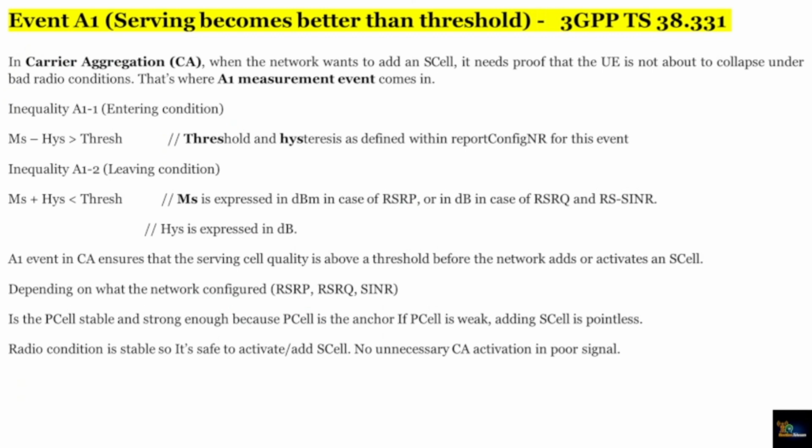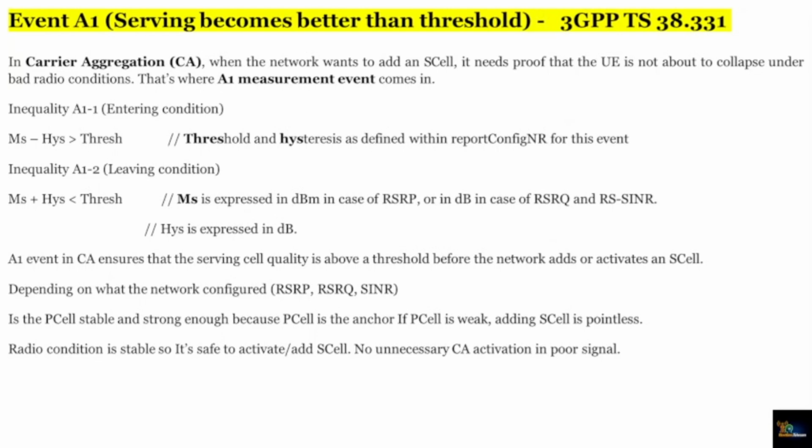Next, event A1. Some discussion about event A1 and how it will be treated. When the network wants to add an SCell, it needs proof that the UE is not about to collapse under bad radio condition.